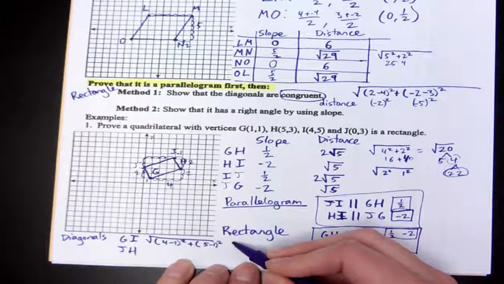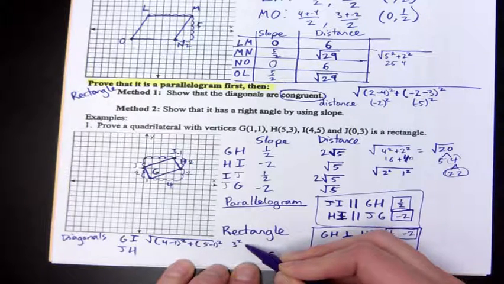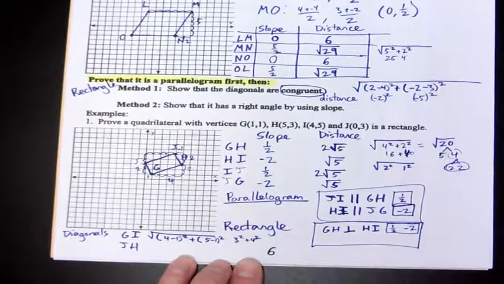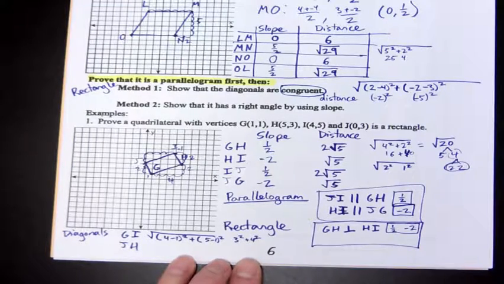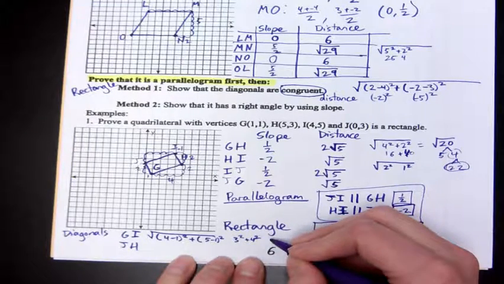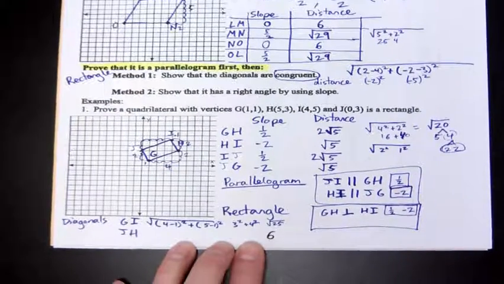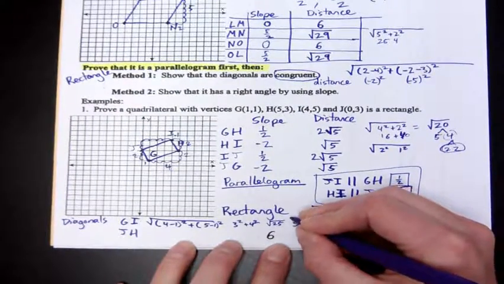And so you can plug that into your calculator. You can do the math by hand. So 3 squared plus 4 squared comes out to square root of 25. Do we know the answer to square root of 25? So our distance is 5.